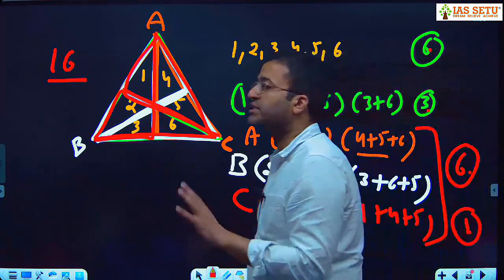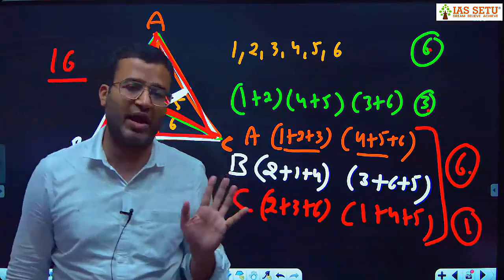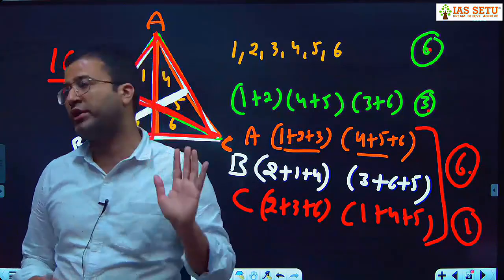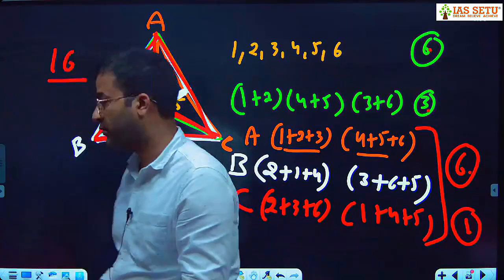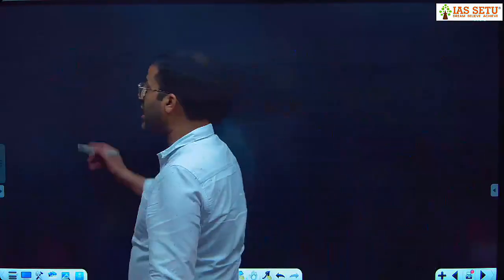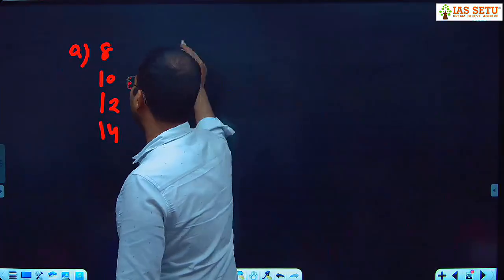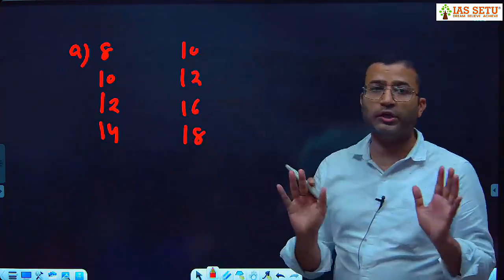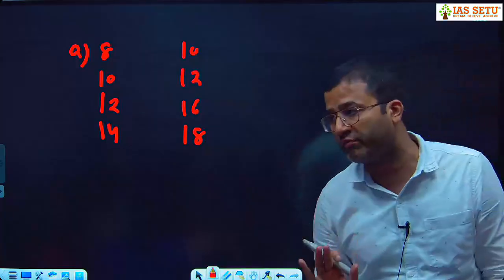Generally in 1 minute, we can count 8 to 10 triangles manually. If your answer options are in the range of 20, like 8, 10, 12, 14, you attempt that question. मान लो आपके क्वेश्चन का आंसर ऑप्शंस है 8, 10, 12, 14, maybe 10, 12, 16, 18. I tell you that you have to attempt that because otherwise you are going to miss 2.5 marks.